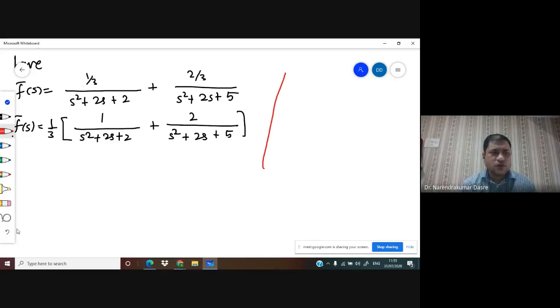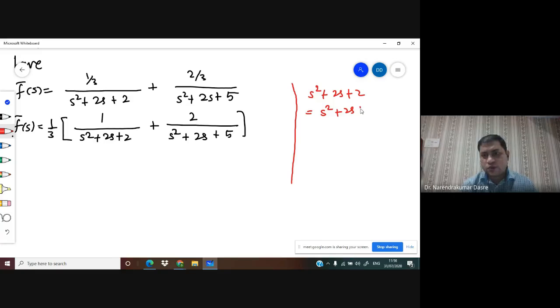Okay, this is s square plus 2s plus 2. So we can write this as s square plus 2s plus 1 plus 1. And you can see this is a perfect square. So you have s plus 1 bracket square plus 1.